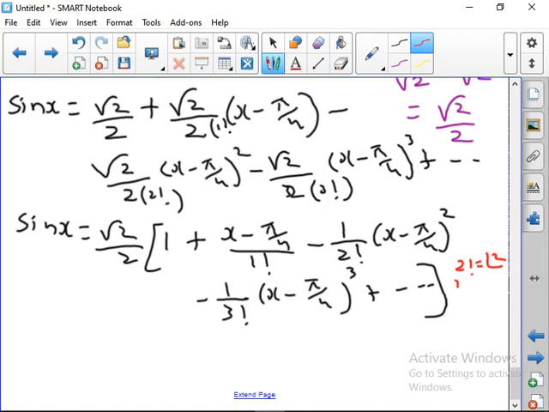This symbol also represents the factorial.